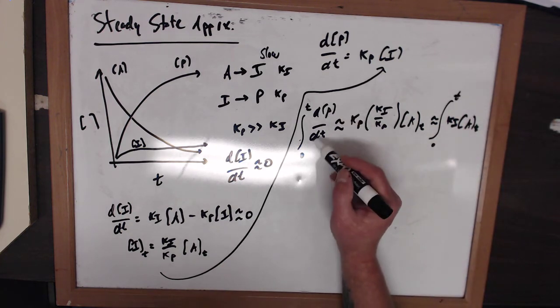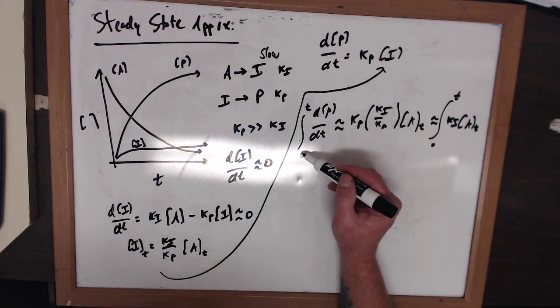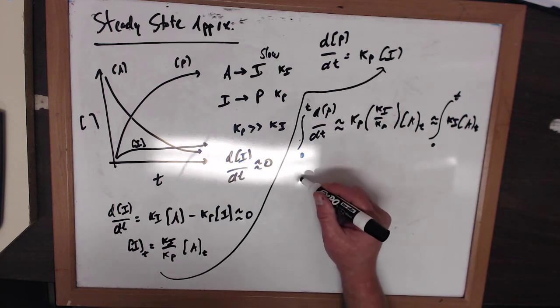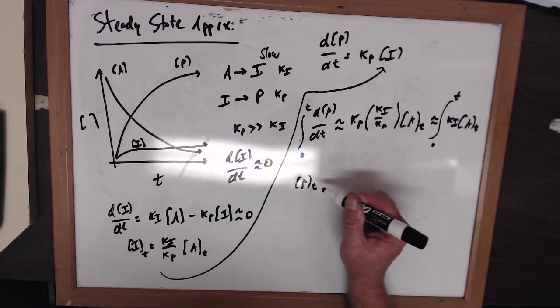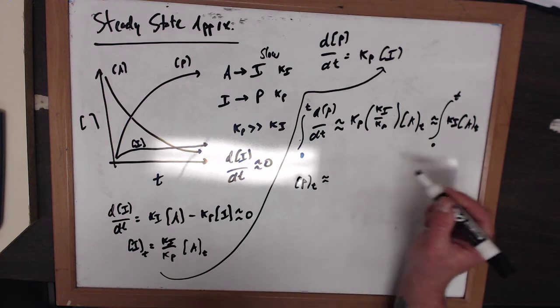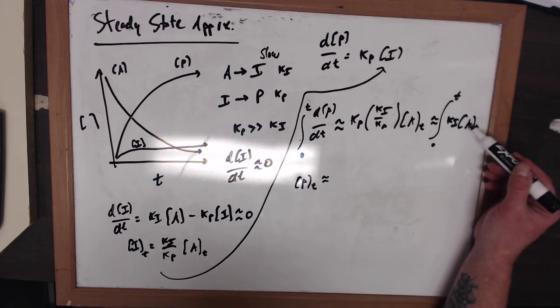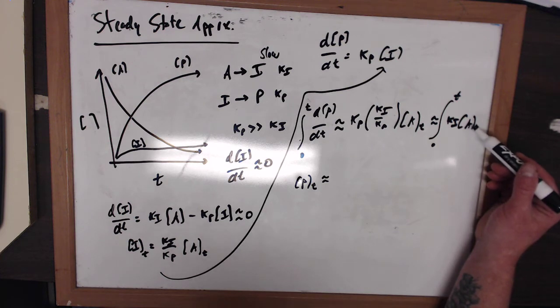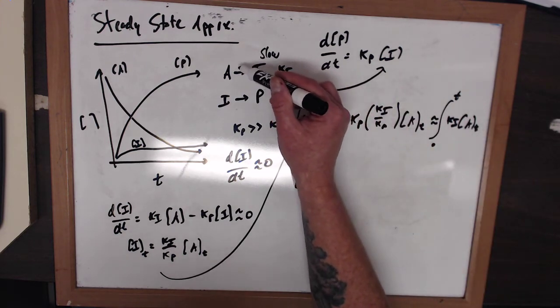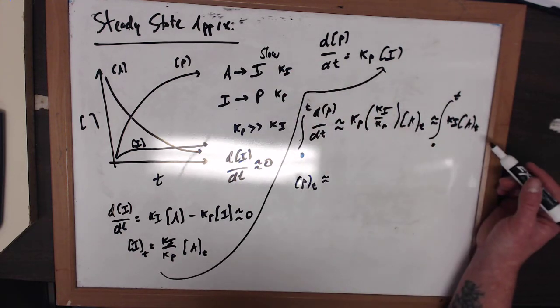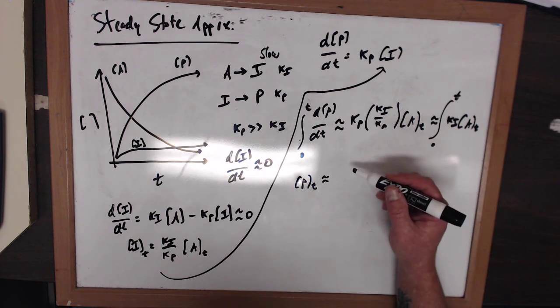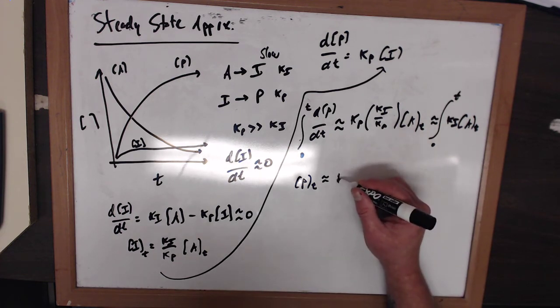And so because, of course, the concentration of product is 0 when t is equal to 0, this just becomes P of t roughly equal to, and then now I'm also going to recognize that I have an expression for A of t that was the exponential of negative Ki t, so that just comes from the first order solution to A. And so then that's going to be equal to Ki.